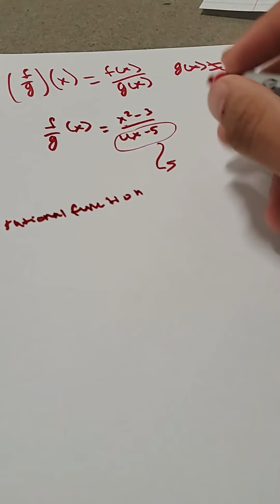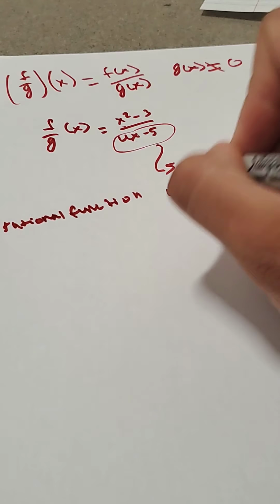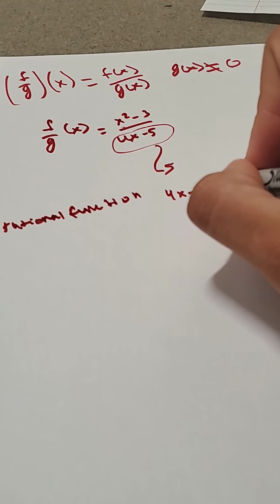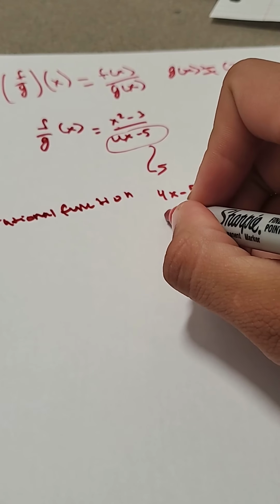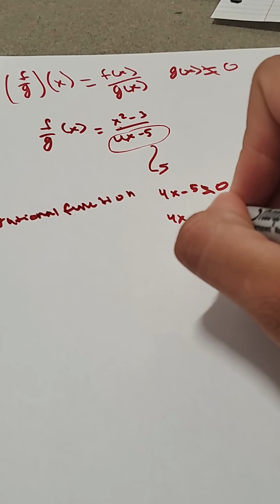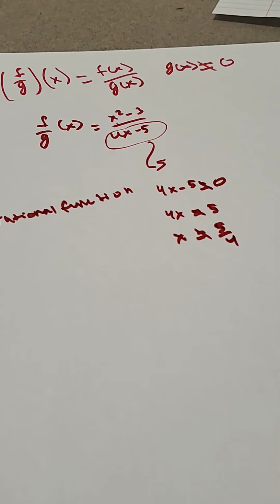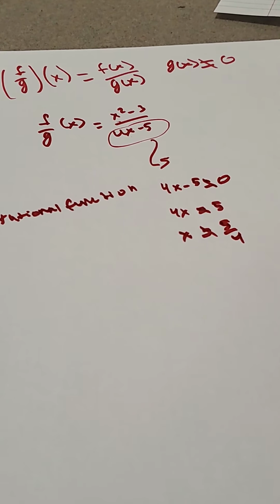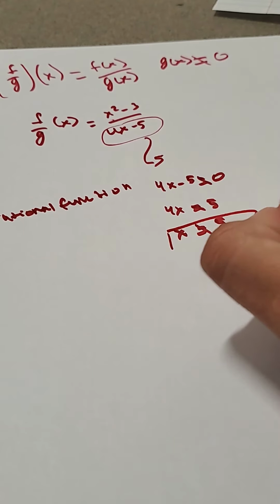All right, so we write a statement: 4x minus 5 cannot equal 0. So 4x cannot equal 5. X cannot equal 5 over 4. So if we were to write this, we could leave it like this for domain.